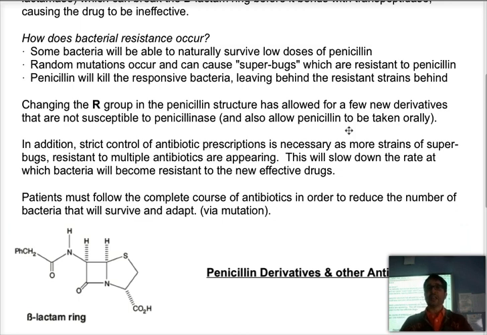But the reality is that as we use this, it will continue to form resistance. So what we need to do is always keep ahead of the bacteria. We have to start making more antibacterial compounds.